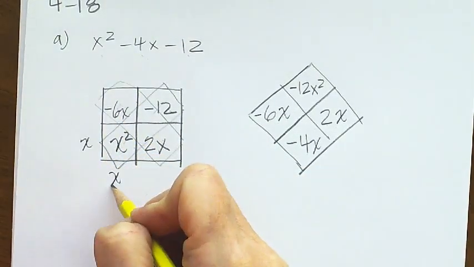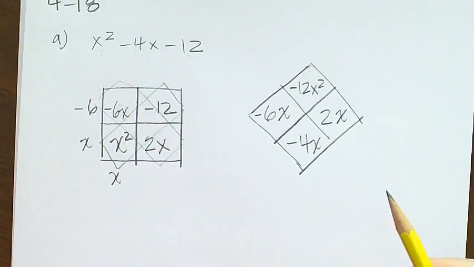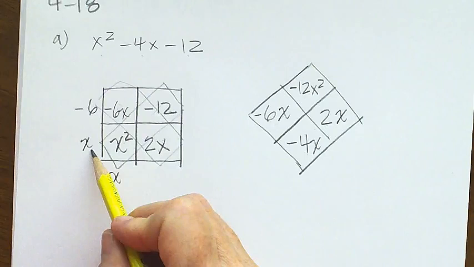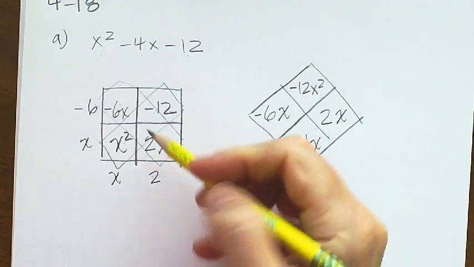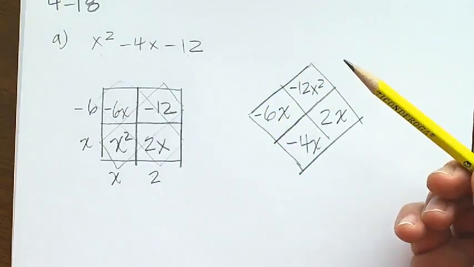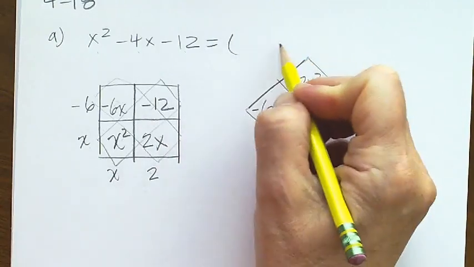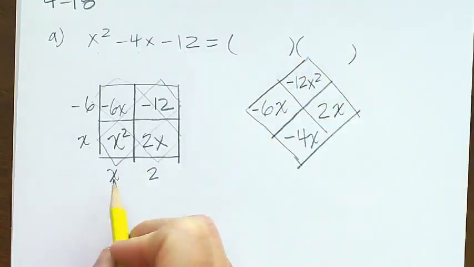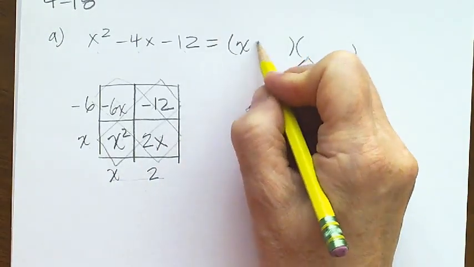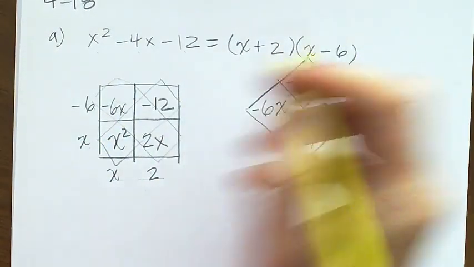I know x times x is x squared. I know x times -6 is -6x. I know x times 2 is 2x, and then I'm just going to check, is -6 times 2 -12? Yes. So x squared minus 4x minus 12 factors into x plus 2 times x minus 6.